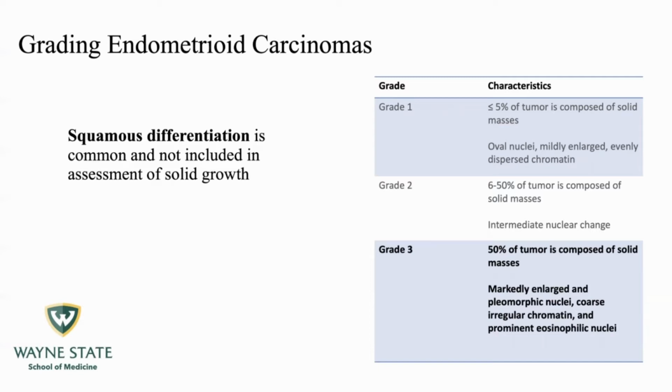Squamous differentiation is very common in endometrioid carcinoma, but we do not include it in the assessment of solid growth. I like to emphasize also that if we make a two-tier system, we call grades 1 and 2 low grade, and grade 3 is high-grade endometrial carcinoma.